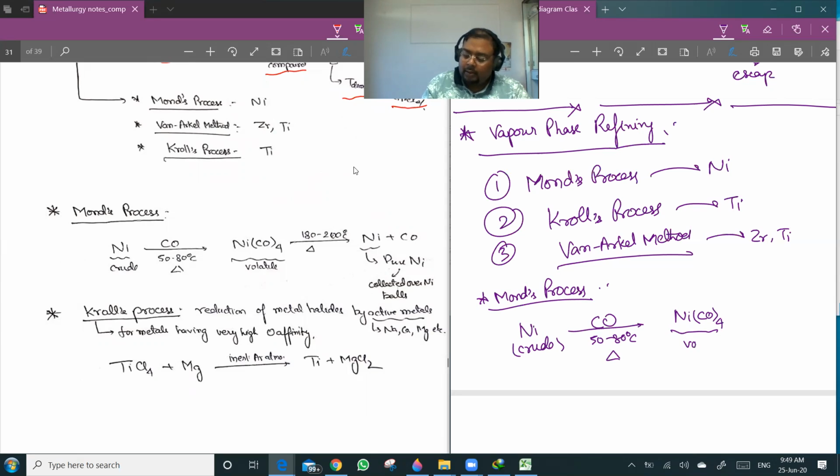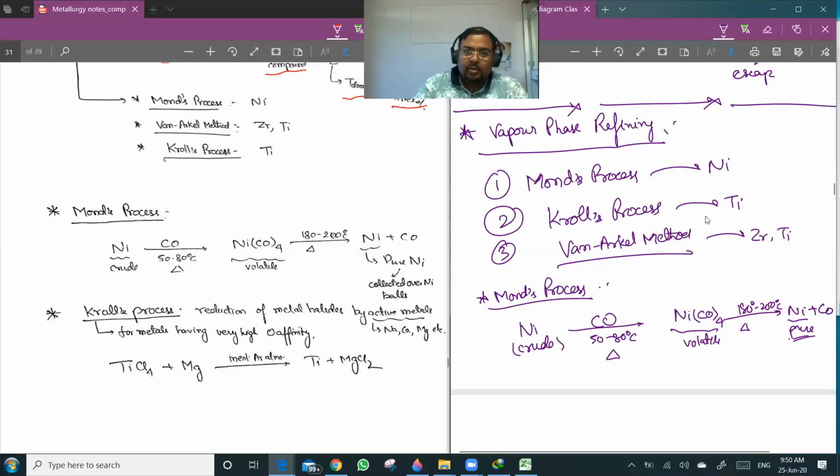Now it is volatile, so it decomposes at a higher temperature, like 180 to 200 degrees centigrade, giving nickel plus CO. This time we get pure nickel, which can be collected in the shape of spherical balls and used for further processing. So this is your Mons process.